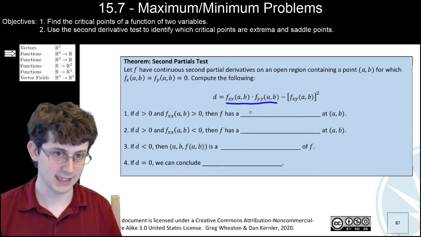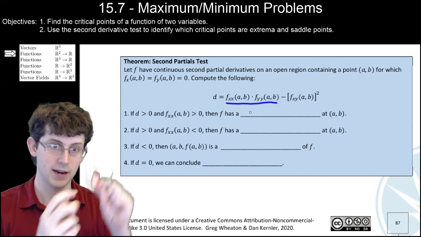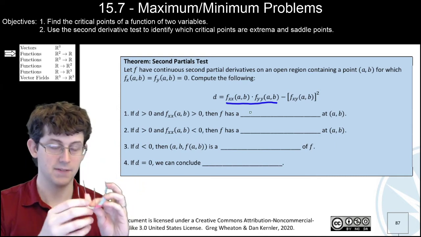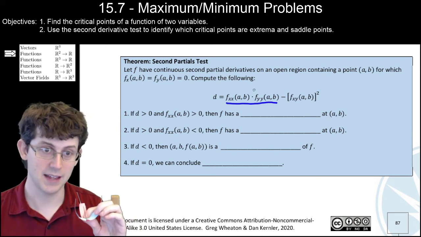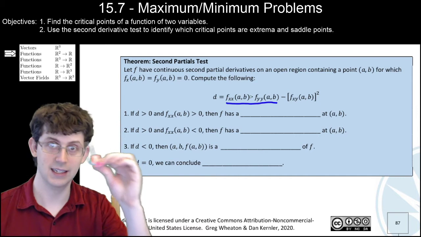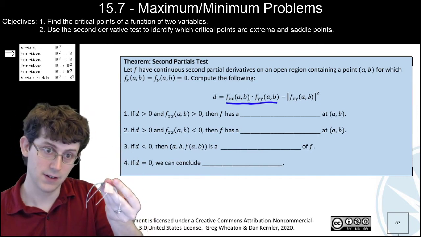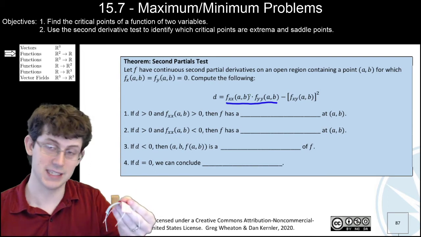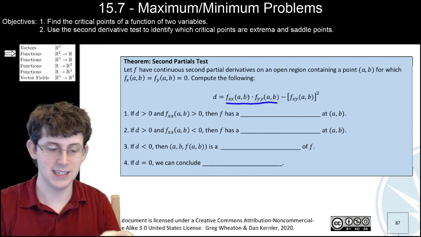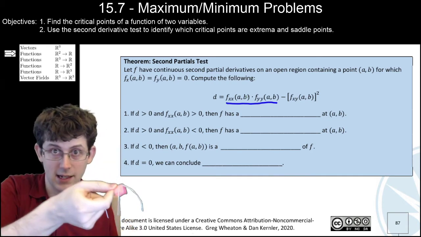If fxx and fyy are both positive, then you've got a minimum, and multiplying them together gives a positive number. So this is a D is positive situation. If they're both negative, multiplying them together also gives a positive number. So the D is greater than 0 situations look like this or like this.